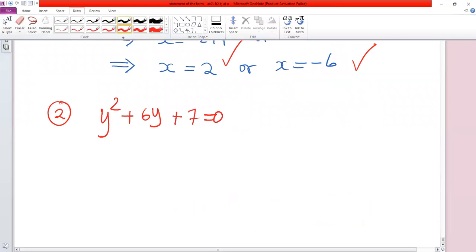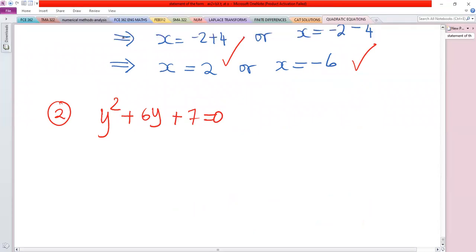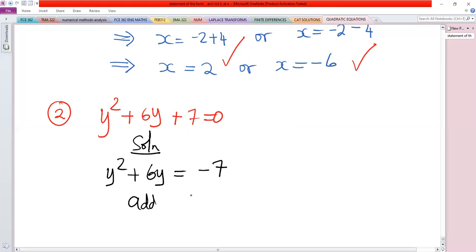Now what we do, we take constant term to the right-hand side. So we'll have y squared plus 6y equals to minus 7. And then since coefficient of y squared is 1, we simply just add coefficient of y, which is 6, over 2 squared on both sides.